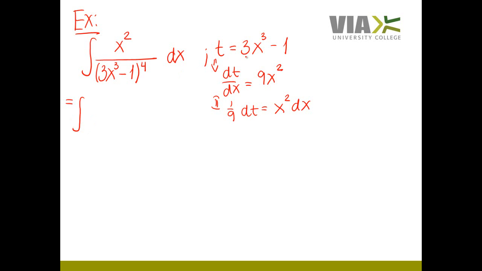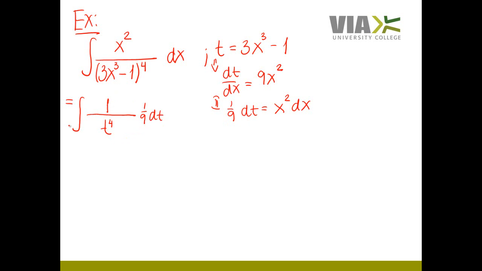So let's see. We had just agreed that t is equal to 3x to the power of 3 minus 1. That's what we have here in the denominator, to the power of 4. And x squared dx equals 1/9 dt, like that.